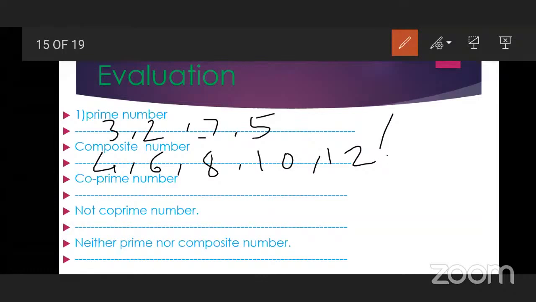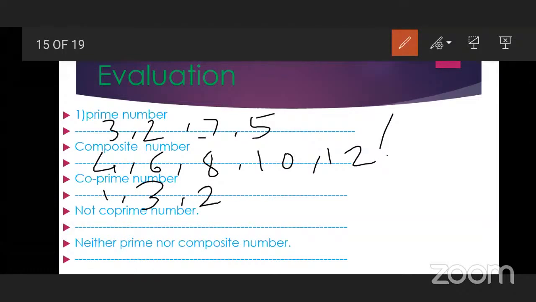Okay, very good. About co-prime numbers: co-prime numbers have only one common factor. For example, 1 and 3.